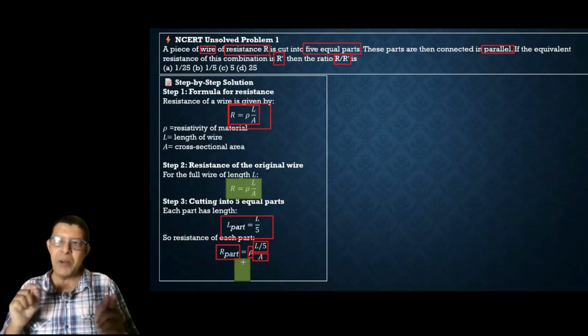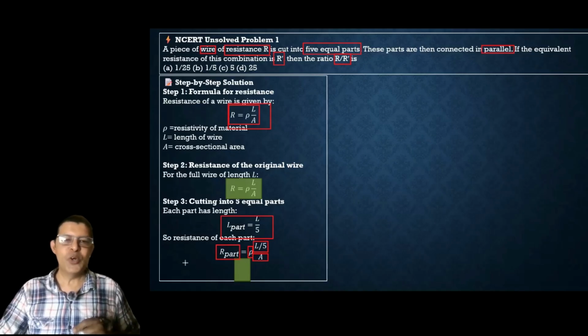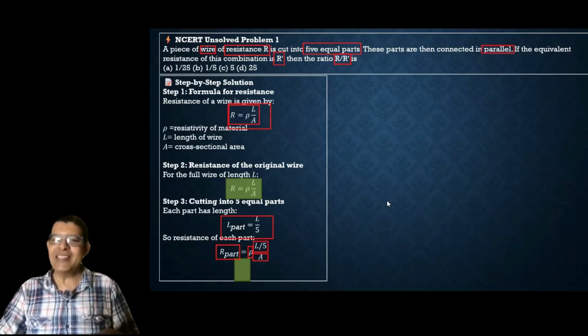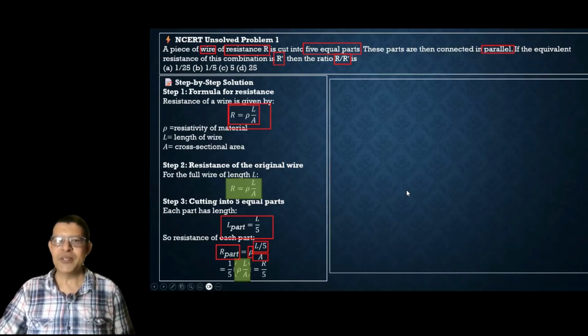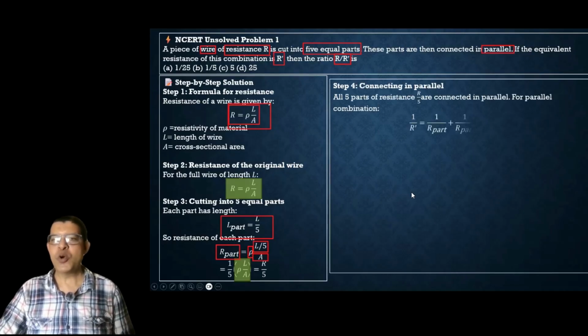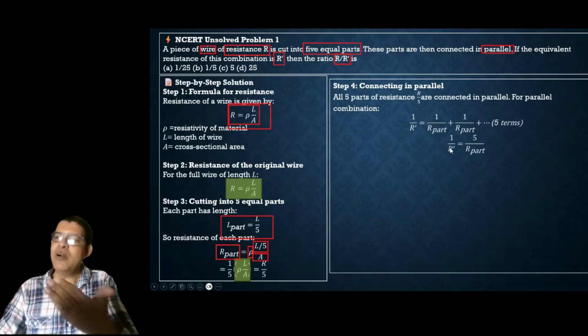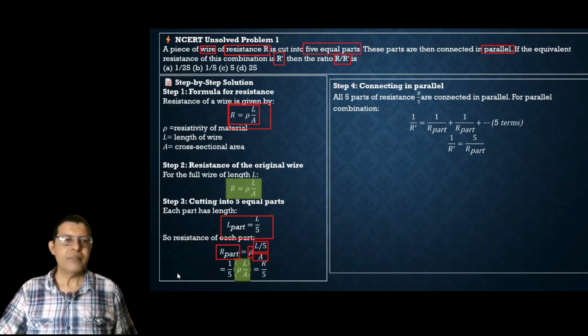Now each of these R parts is going to be connected in parallel. For a parallel combination, we know that the equivalent resistance is taken as the reciprocal of all the resistors. So we're going to take the reciprocal of R by 5 for each part. So we'll get 5 by 5 into 1 by R part. This is what is shown here.